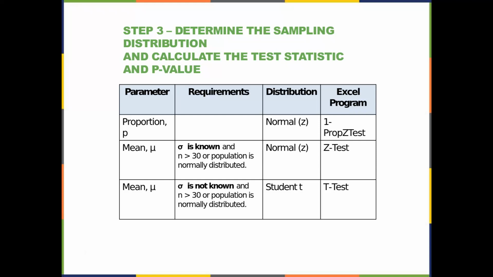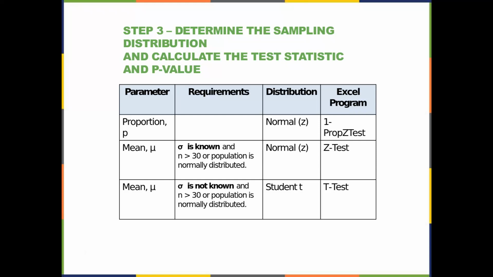So then step 3 is choosing the distribution. The distribution is really clear. If it's a proportion, you're going to be doing a 1-prop z-test because you're using the z-distribution or the normal distribution. If sigma is known, so population standard deviation is known, you're going to do a z-test because you're using the normal distribution.